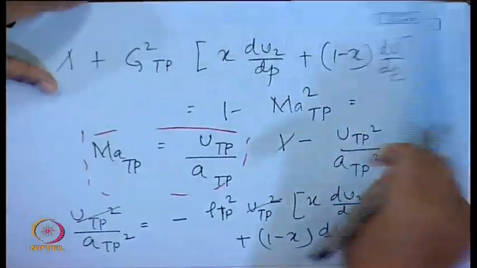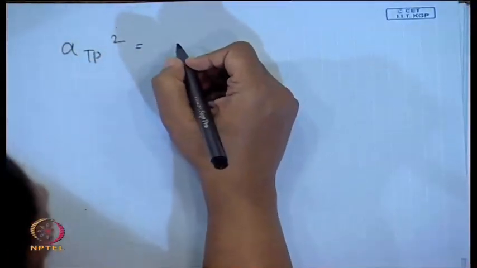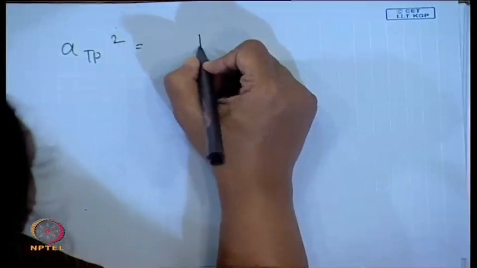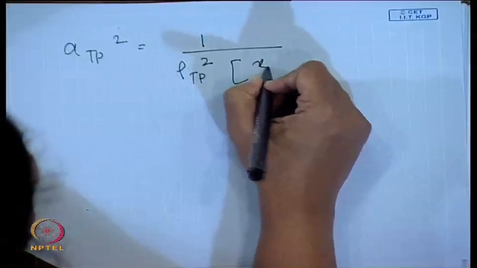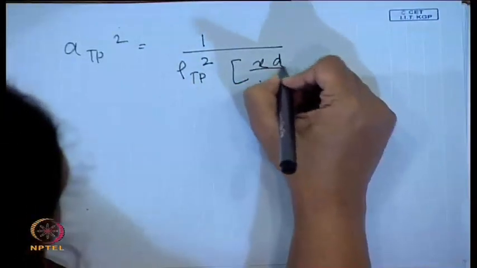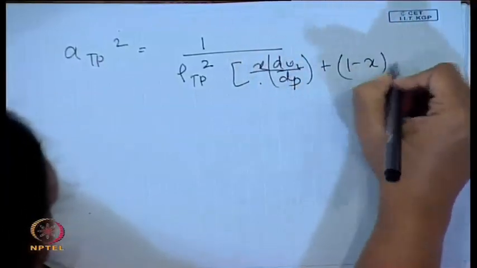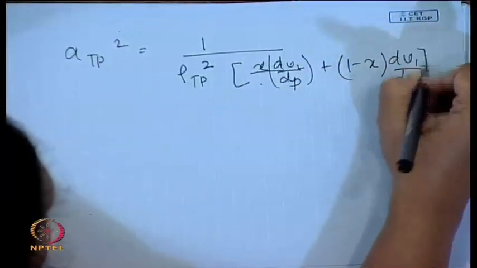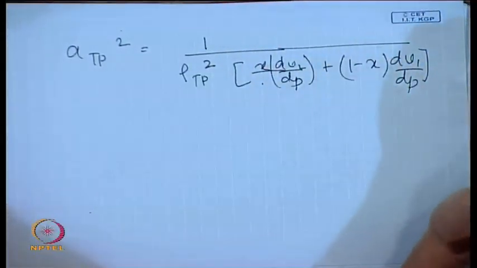We get in this particular case 1 by A_TP square should be equal to 1 by rho_TP square, x dV2/dP plus 1 minus x dV1/dP. We should get something of this sort.